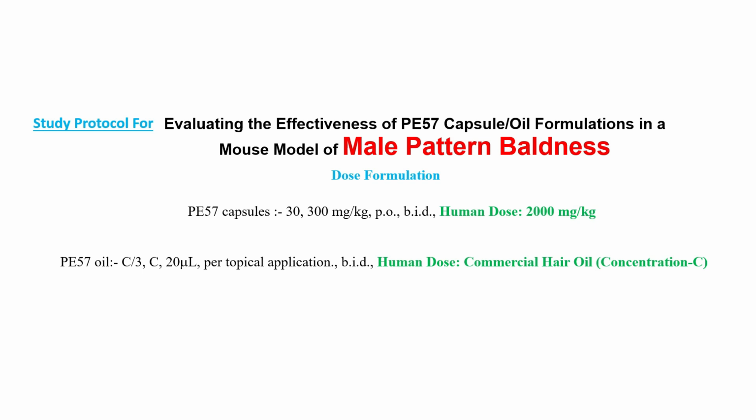For that we have two formulations: PE57 capsules, 300 mg per oral, where the human dose was calculated from 200 mg per kg, and PE57 oil, which we will give to the animals in two concentrations, C divided by 3 and C, 20 microliter per topical application, applied twice per day.